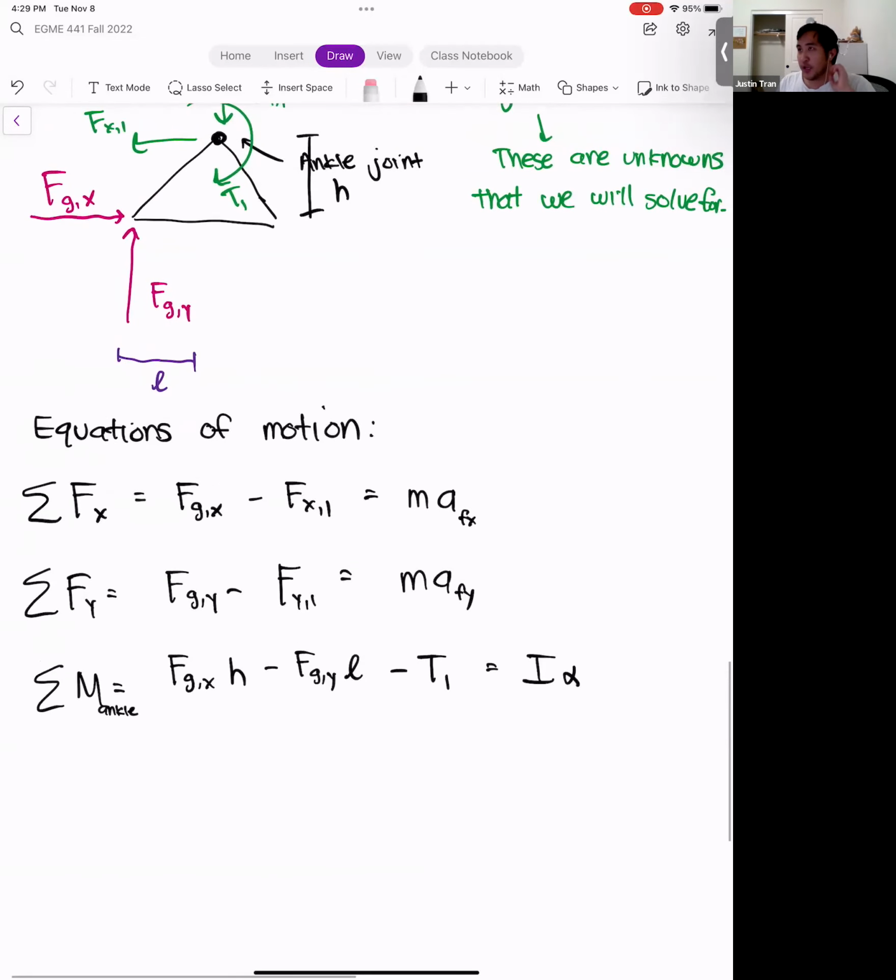So there's one thing I forgot when drawing the figure, and that's the height of the foot. So make sure you revise your figure to include that H, which is just the height of the foot. All right. So these are our three equations.